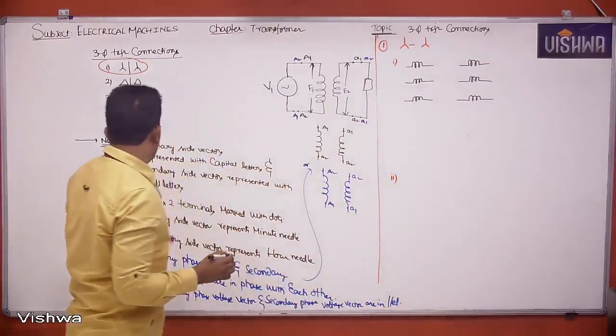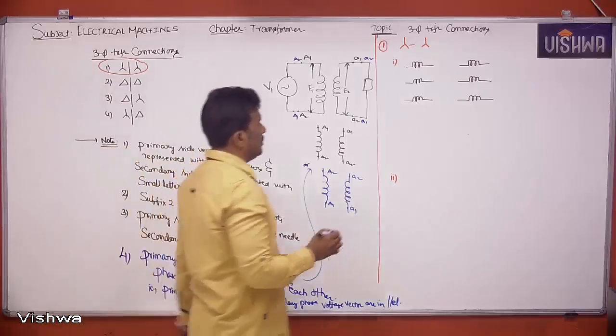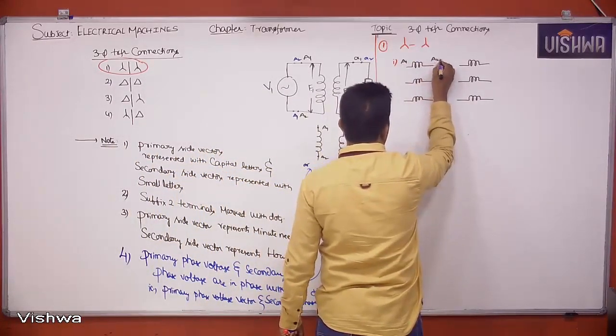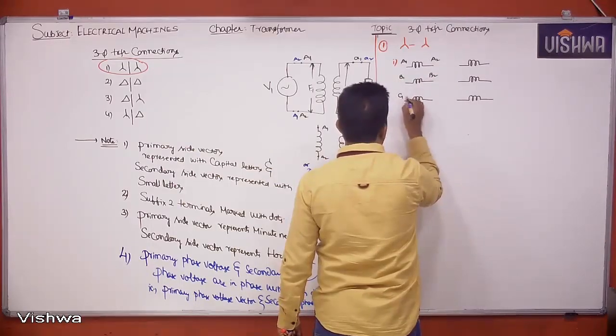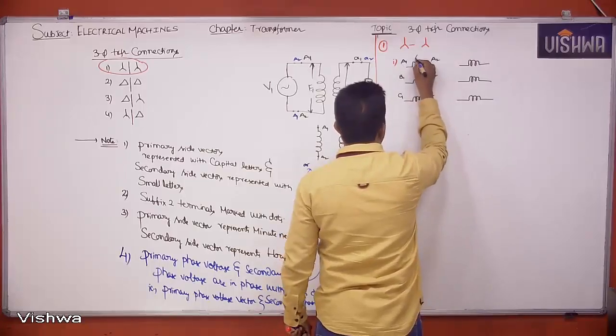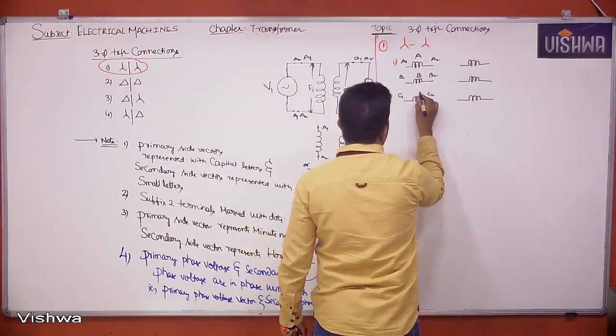I told you the primary side vectors are represented with capital letters. So let me write here capital A1, A2, B1, B2, C1, C2. A1, A2 represents capital A, B1, B2 represents capital B, C1, C2 represents capital C.